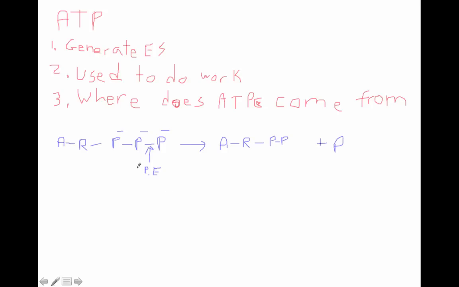So this potential energy is found in this bond. It is then cleaved, releasing the phosphate, and that generates kinetic energy. Energy to do something with, energy for motion. So that is why we say ATP generates a lot of energy in the cell. And it's all because of this last bond.